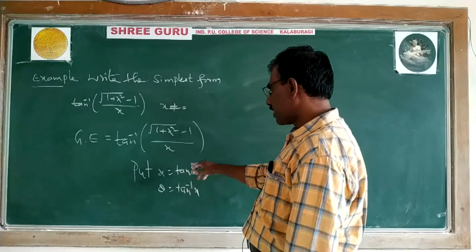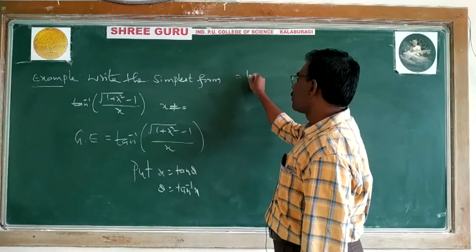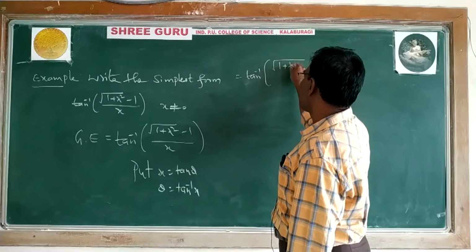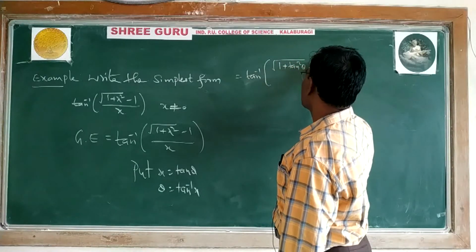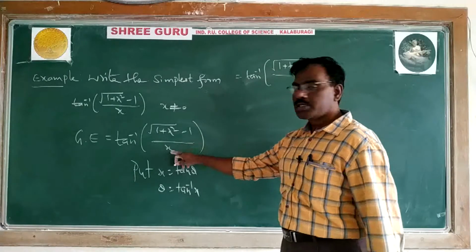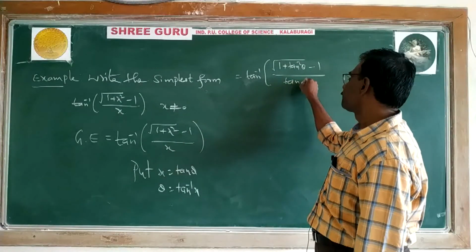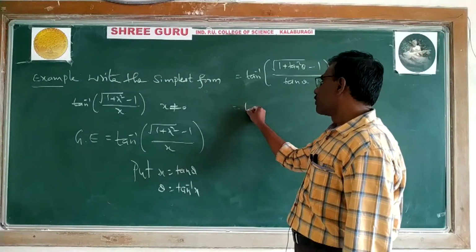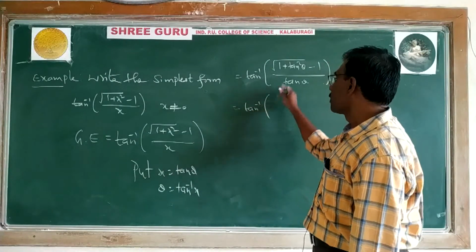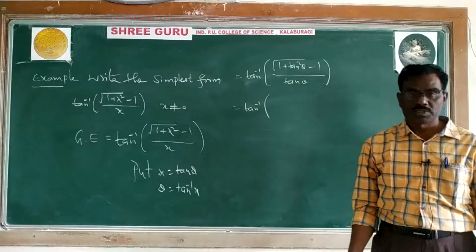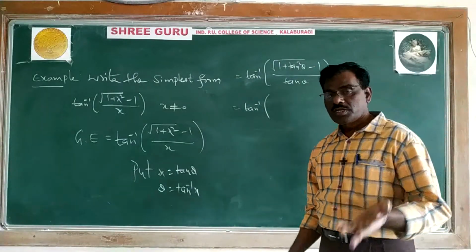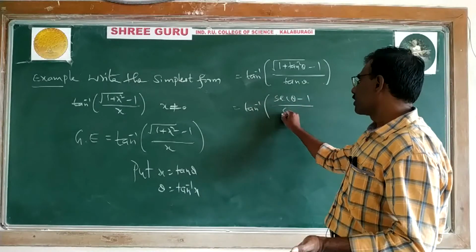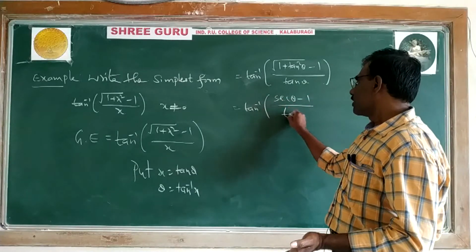So use the 1 plus tan square theta formula. Tan inverse of (root 1 plus tan square theta minus 1) by tan theta, which equals tan inverse of (root secant square theta minus 1) by tan theta, which is secant theta minus 1 by tan theta.